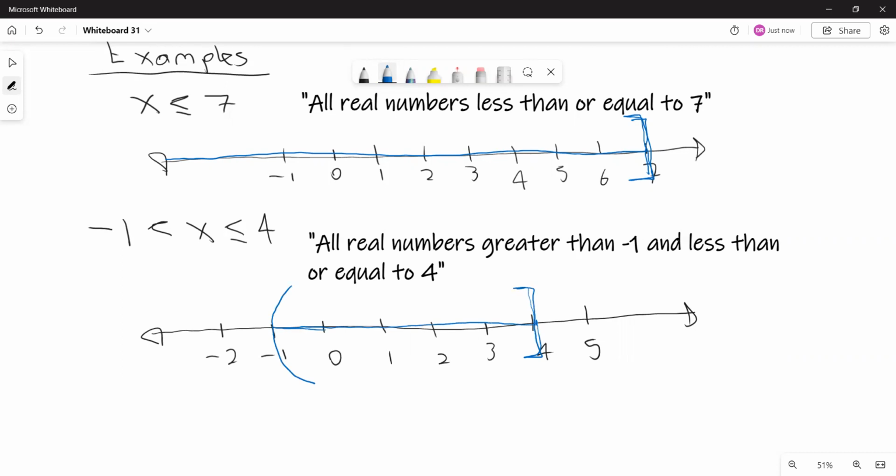So that's going to be the graph on a number line. The first one, x less than or equal to 7, includes 7 as part of the solution set. And -1 less than x less than or equal to 4 includes 4 as part of the solution set, but excludes -1.